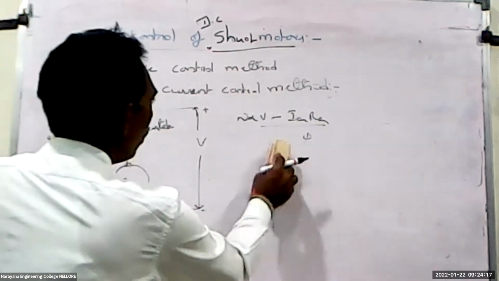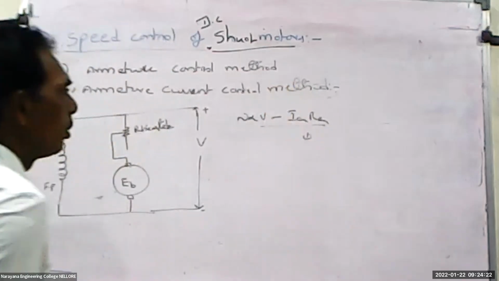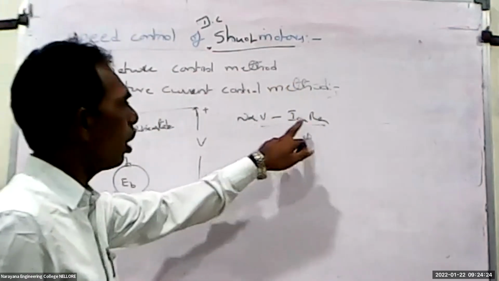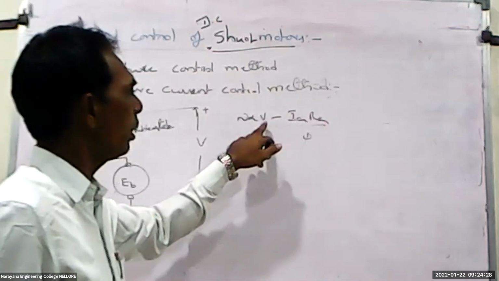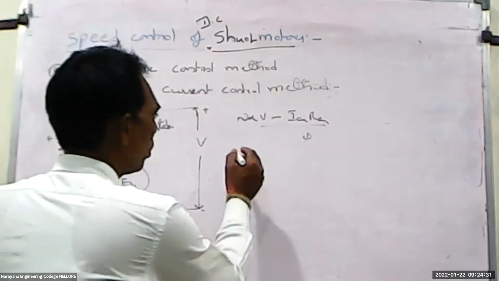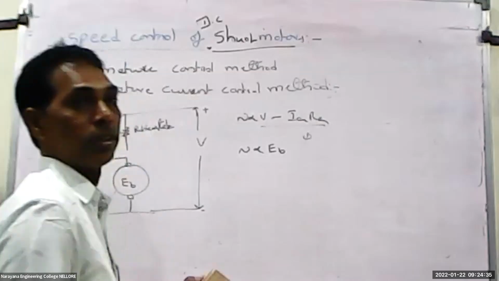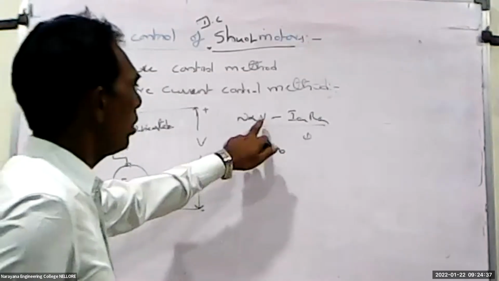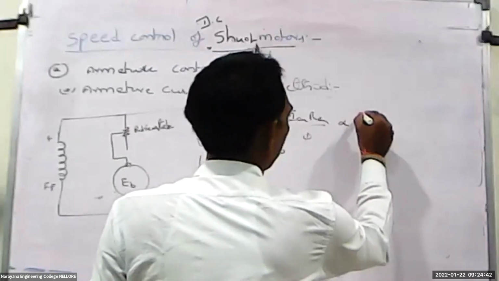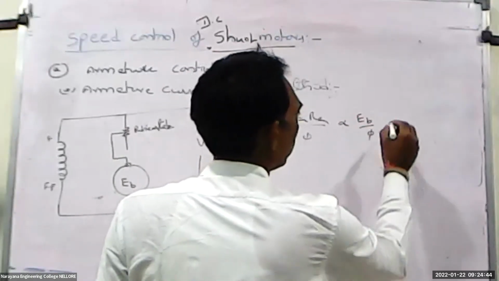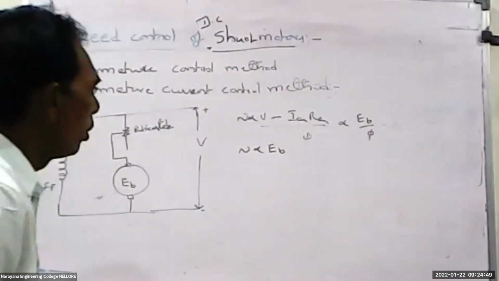Now, by changing the value of Ia, the overall drop, V minus IaRa, should change or not? Then automatically the drop changes, which we should remember as Eb for convenience. So Eb means V minus IaRa drop, which is proportional to Eb by phi.